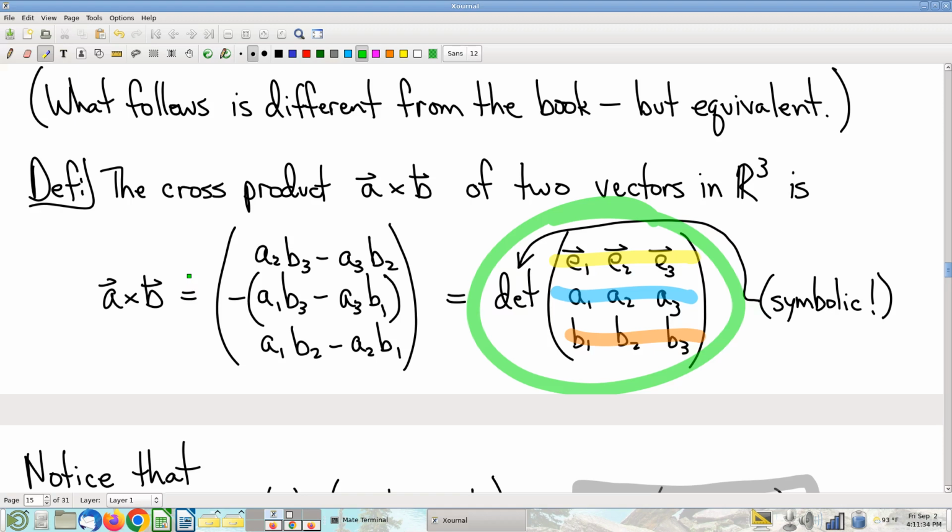A binary product means there's two inputs, right? That's binary. If you're in 4 dimensions, you need to have 3 vectors as input to make a generalized cross product. And if you're in n dimensions, you need n-1 vectors. And it's kind of weird.